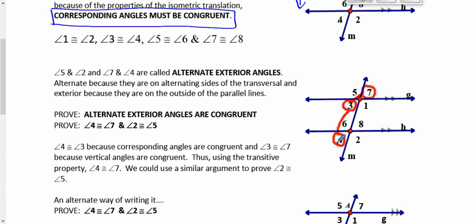Because they're vertical angles. And then 3 is congruent to 4, right? So then 7 must be congruent to, remember the property that we listed? What says that if 7's congruent to 3 and 3 is congruent to 4, then 7's congruent to 4? Isn't that the transitive property? Remember that? Can't we just use transitivity here?